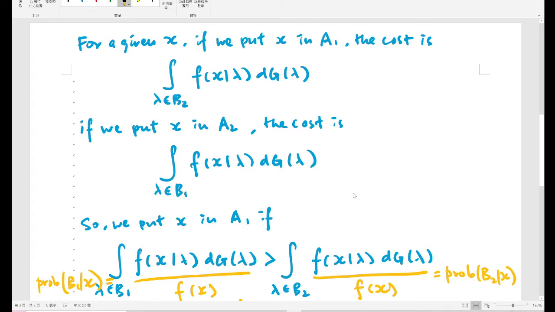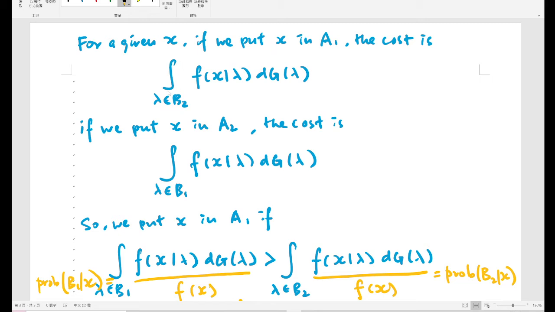Then let's try to see how to construct the sets A1 and A2. The logic is very similar to the case where we consider simple hypotheses. For a particular value of x, we think about the following problem. If I put x in A1, what is the cost of making a mistake? The cost is we sum the conditional likelihood when in fact lambda is in B2.